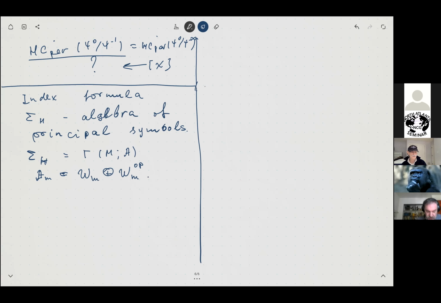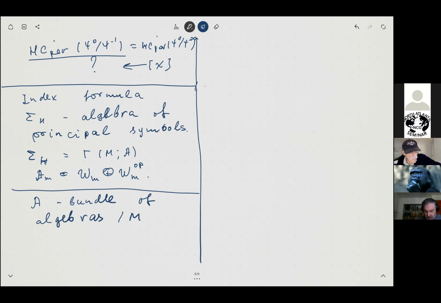Now some general setting of how one can compute something about the cyclic homology of this algebra. So assume that A is some bundle of algebras over M, and assume that we have the following data. So nabla is a connection on A, which acts by derivations.